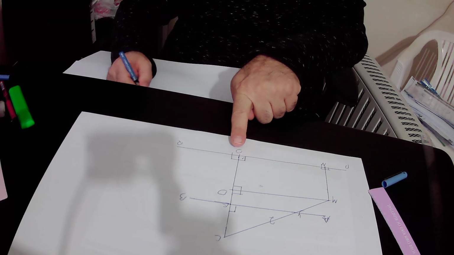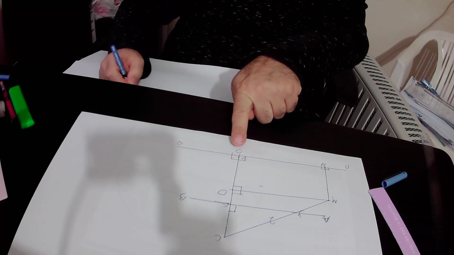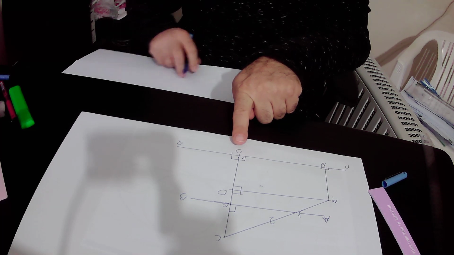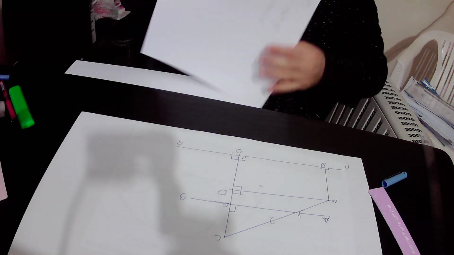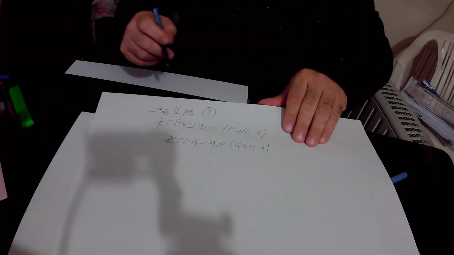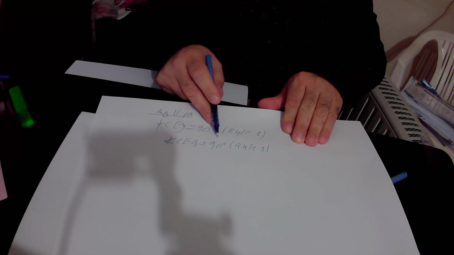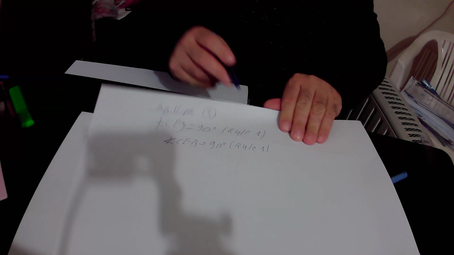It equals 90 degrees, according to rule number 1. Or, in other words, angle CEB equals 90 degrees, according to rule number 1.